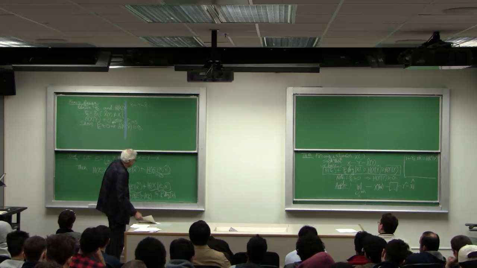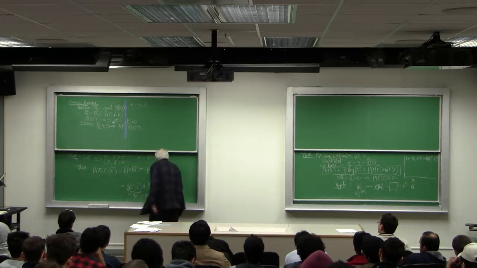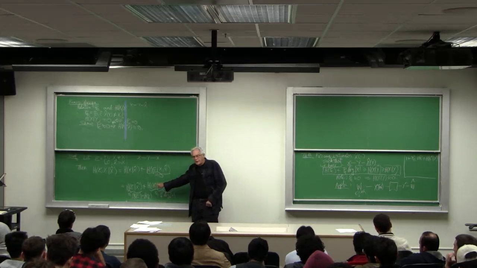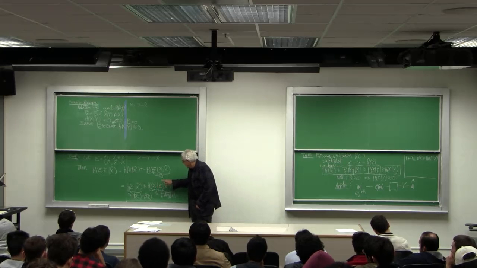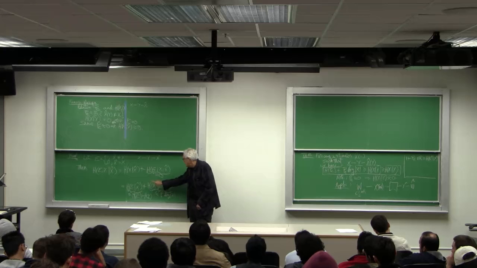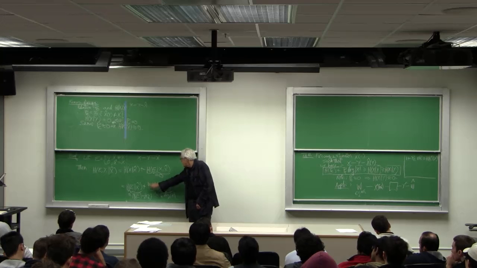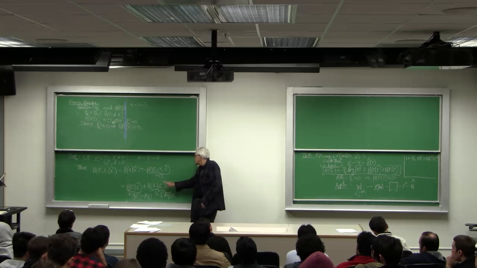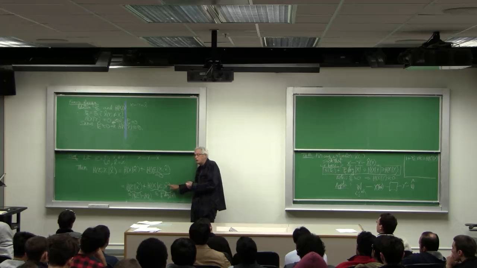Why? I'm going to write this as the probability that E equals 0 times H of X given E equals 0 and X hat.